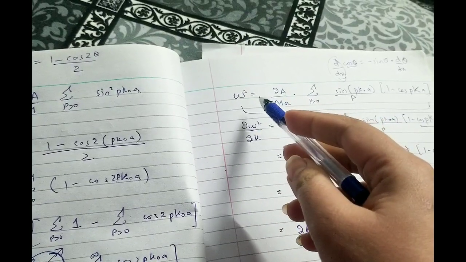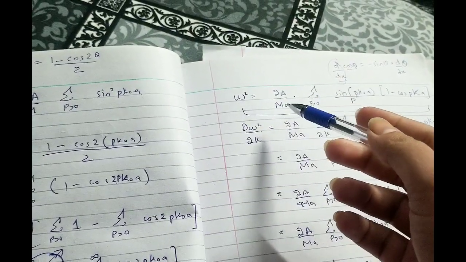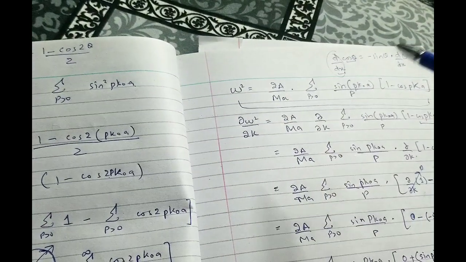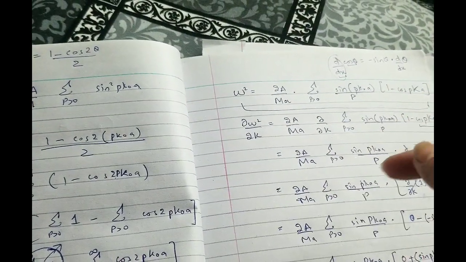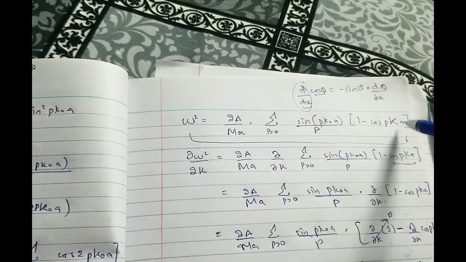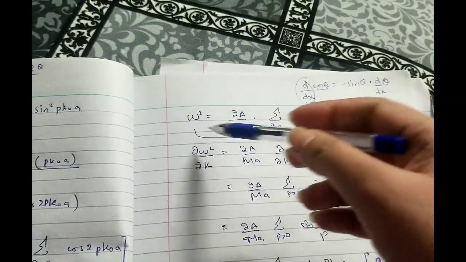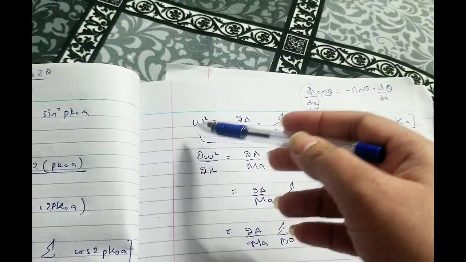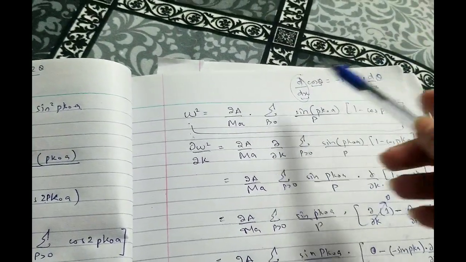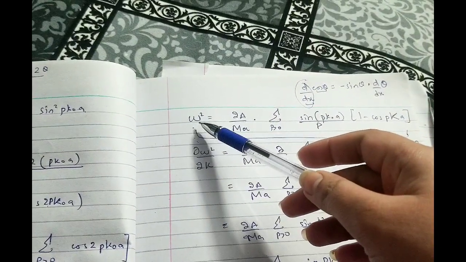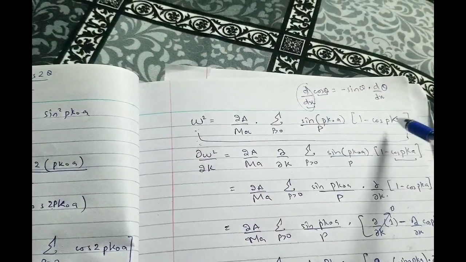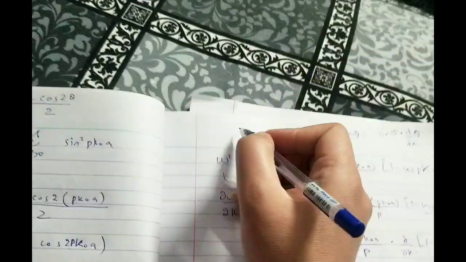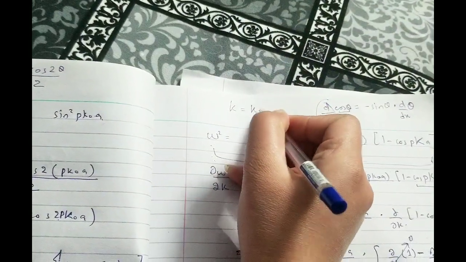in order to find that tangent, we do it by finding its derivative with respect to the variable, which is capital K here, because we wish to find the relationship between omega square and k. That is why we'll find the tangent to omega square versus k, at the particular position k equals k naught.